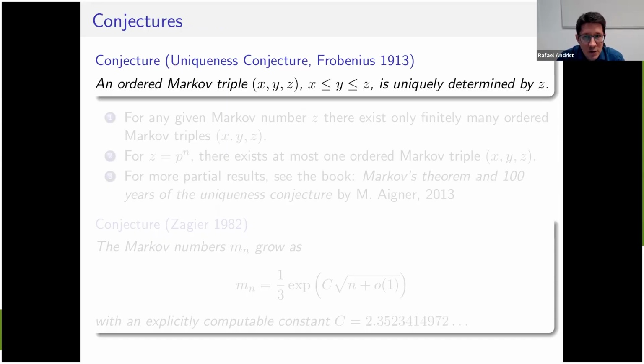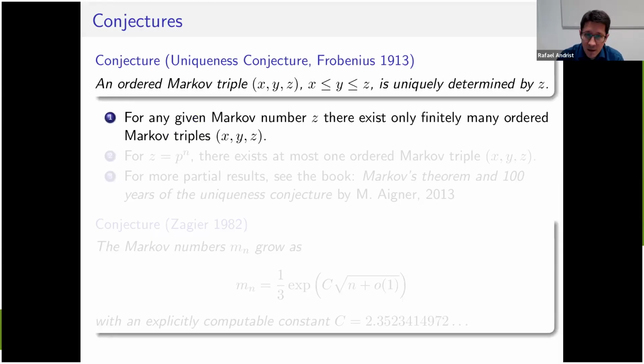And he conjectured that it's uniquely determined by the biggest value, by z. And this is still an open conjecture. So what we know, for example, if we fix z, then there exist only finitely many ordered Markov triples. If z is the power of a prime number, there is at most 1 ordered Markov triple, only if z, of course, is a Markov number.